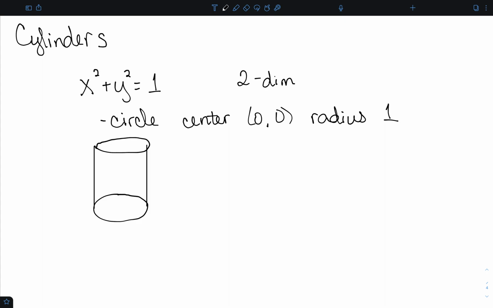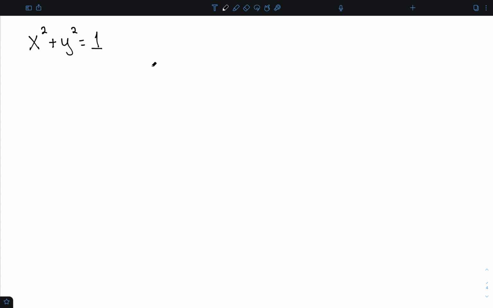And in everyday language, a cylinder does refer to a shape with a circular cross-section like the one I drew here. But the mathematical definition is more general. When I consider this equation x squared plus y squared equal to 1, we know that the point 1, 0, 0 is on this graph.